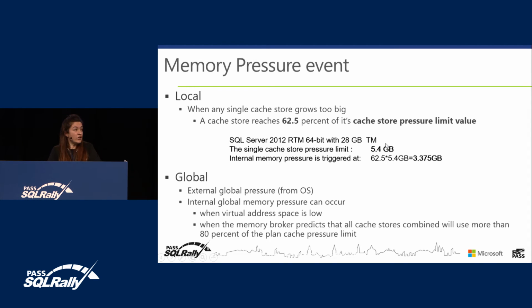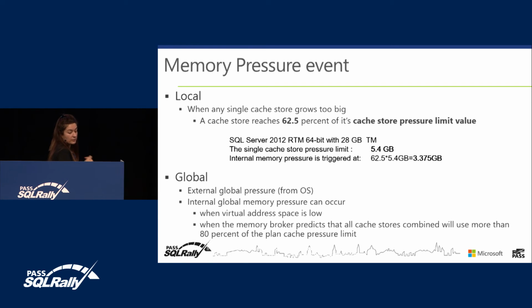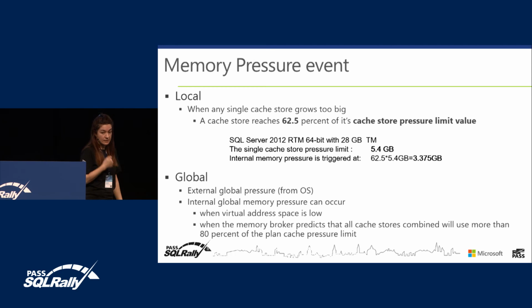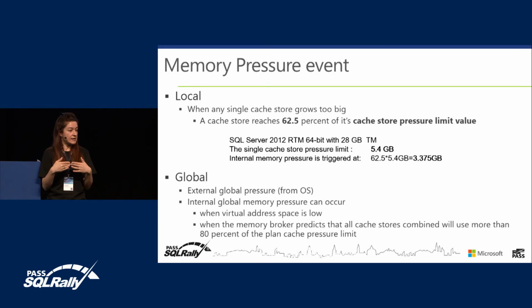In case you reach that, then SQL Server will have a local memory pressure event, or you can have a global memory pressure event, which could be an external global memory pressure from the operating system. That is the case when SQL Server has a contention with the operating system, for example when you haven't configured the max server memory.